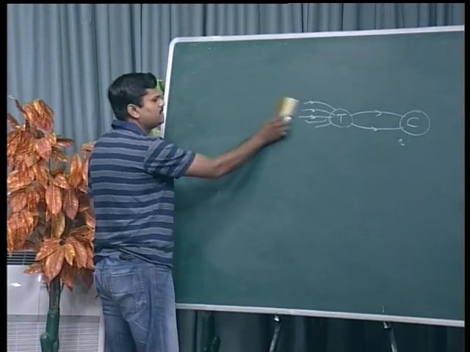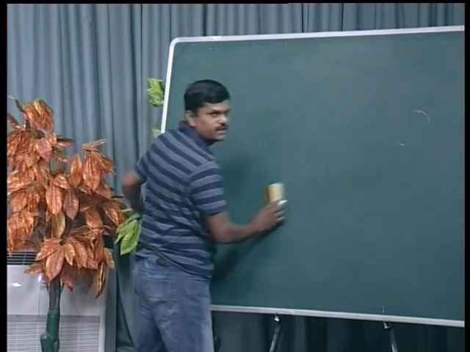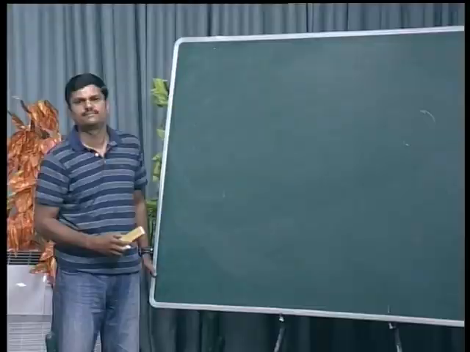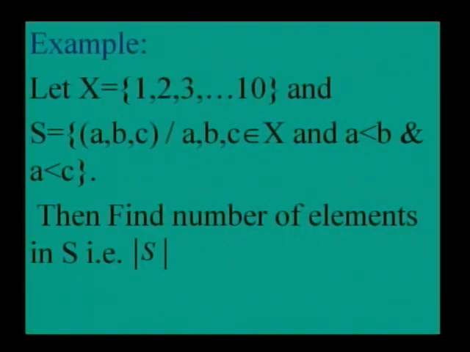Let us take the next example. You can see on your screen. Yes, now this is a mathematical example, an interesting one. Okay, we have a set X equal to 1, 2, 3 up to 10, and S is a set of all triplets (a, b, c) belonging to X, where a less than b and a less than c.